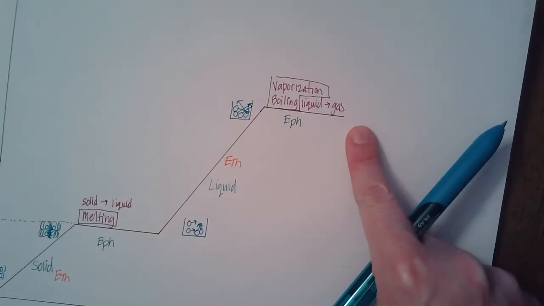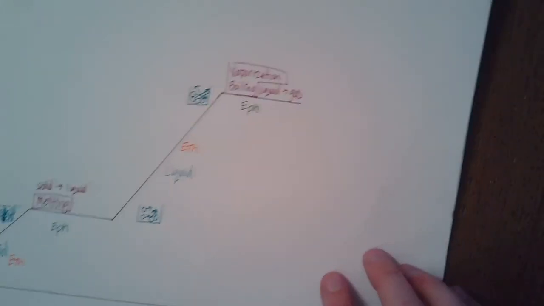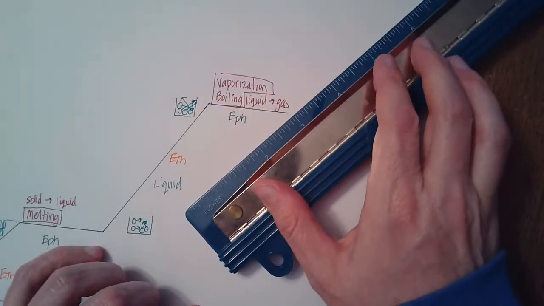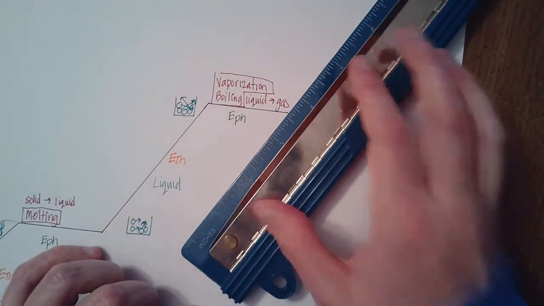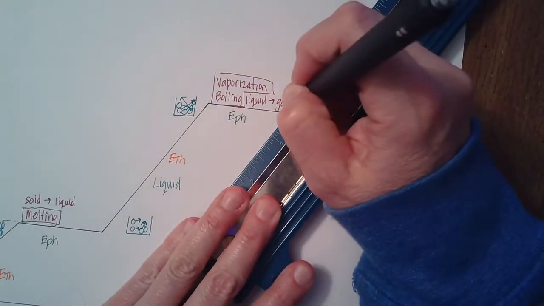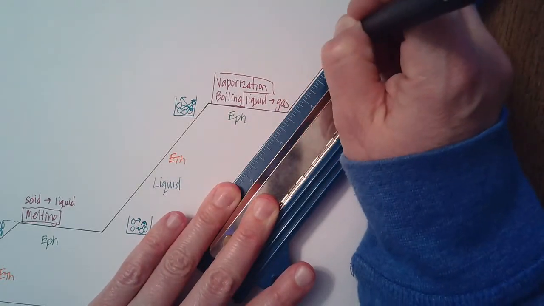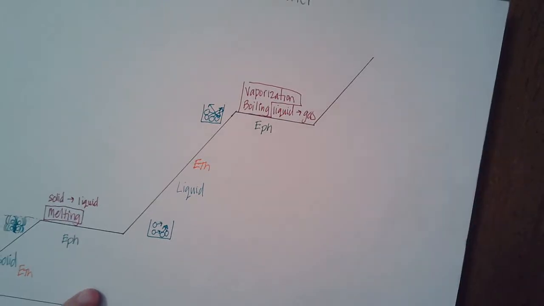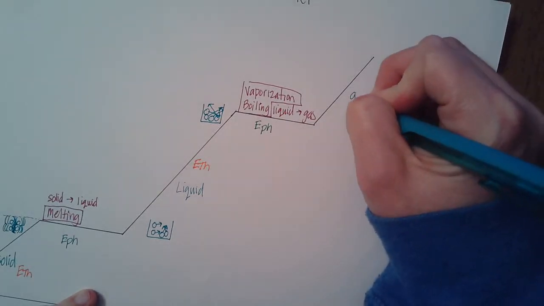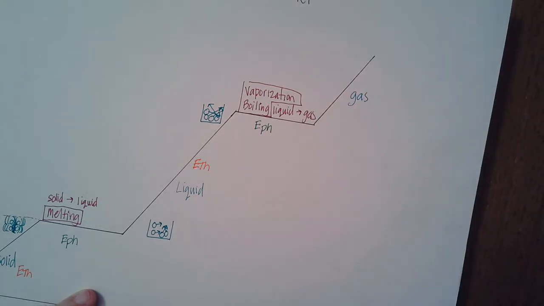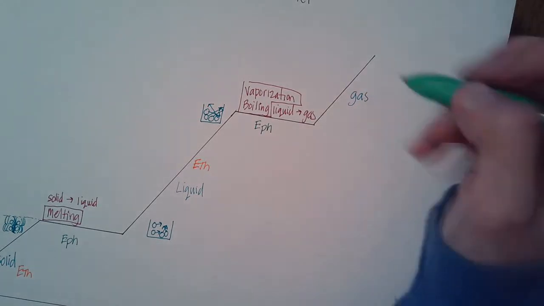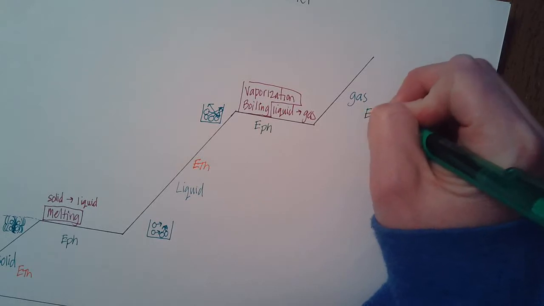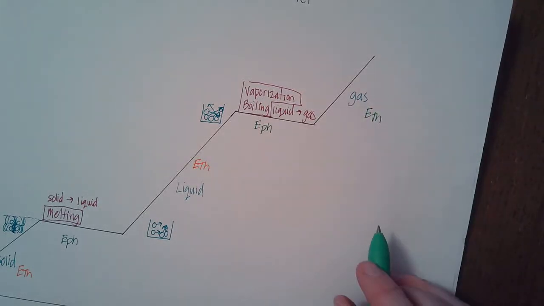And then after this plateau, we do have another place where we would have seen a rising of temperature if we had equipment that could measure that. At this point, this is considered a gas. And this is, again, thermal energy for that gas.